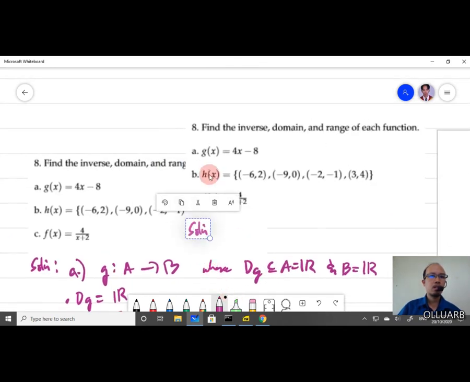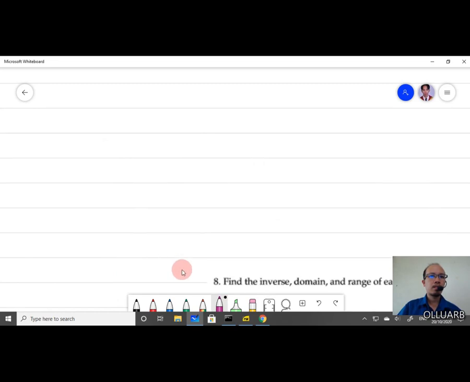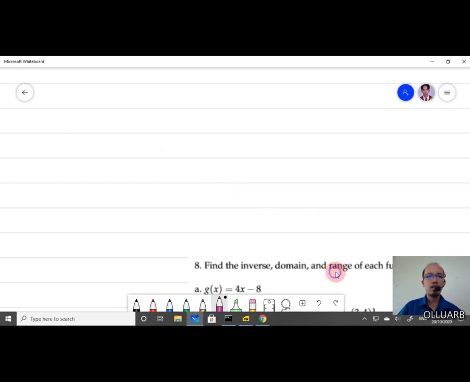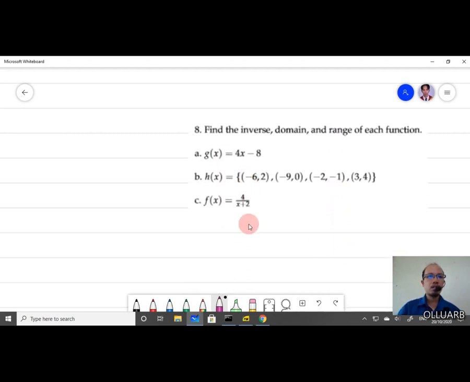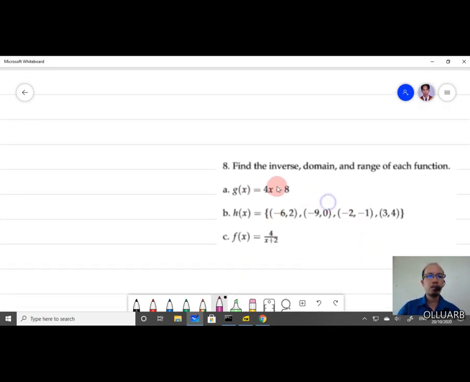What's this? Sorry. Can I move that one by using the button?